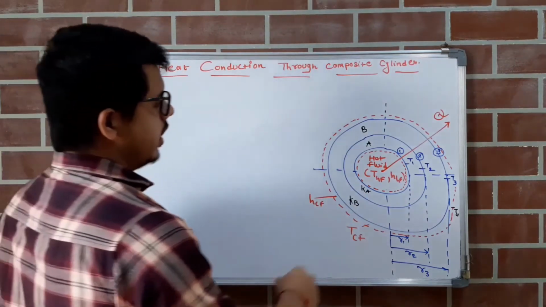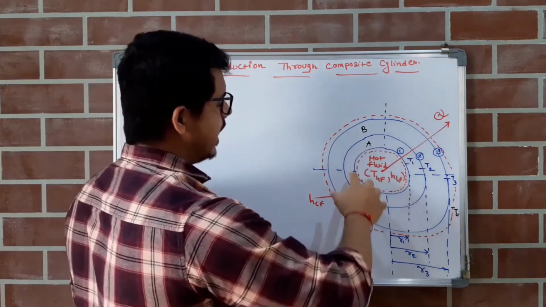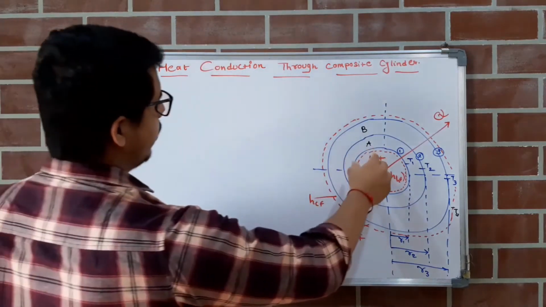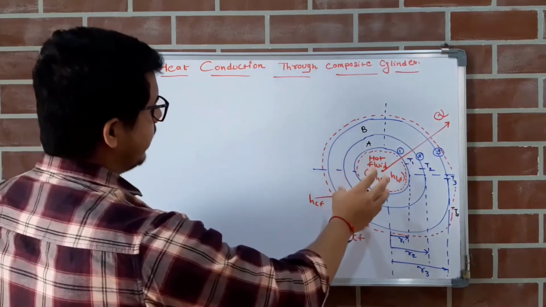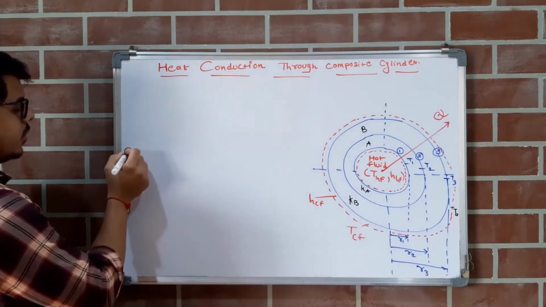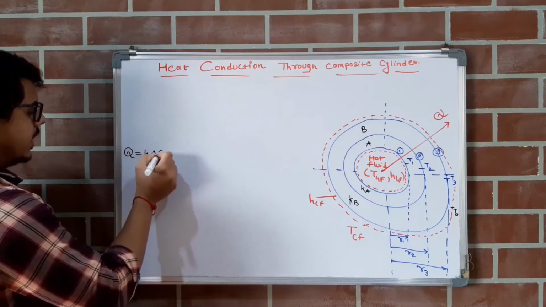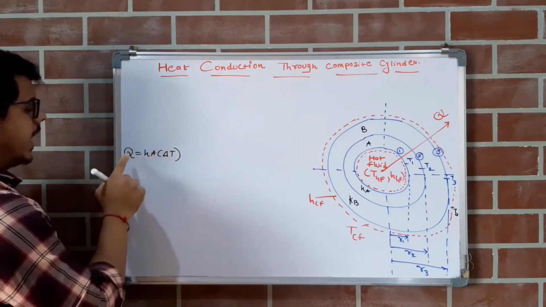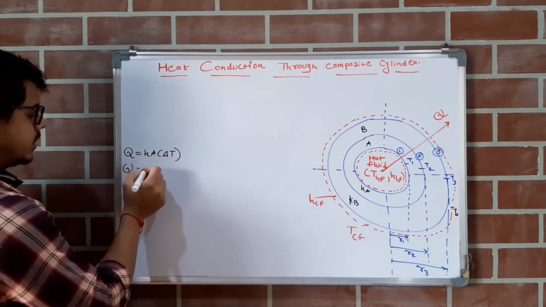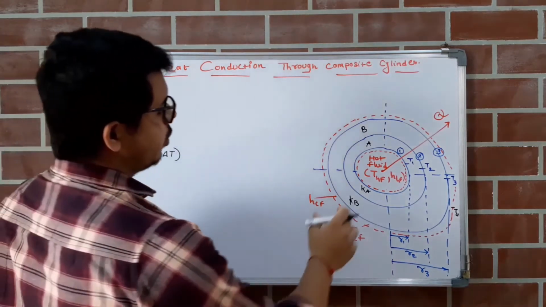So first, from hot fluid to layer 1, we will write the heat transfer rate. We have what type of heat transfer? Convection. So convection is given by Q equals h A delta T. This is the formula of heat transfer by convection. So Q equals, what is the heat transfer coefficient of hot fluid?